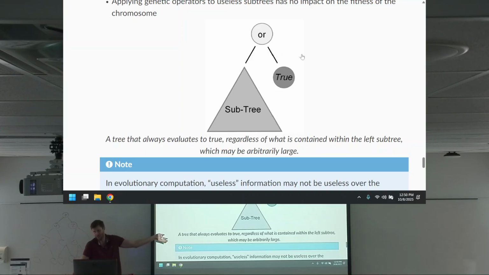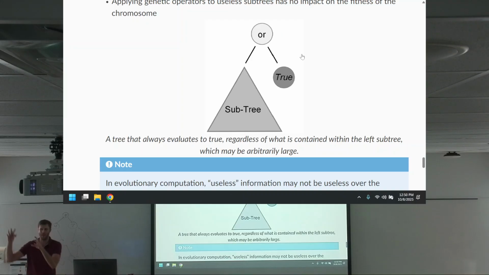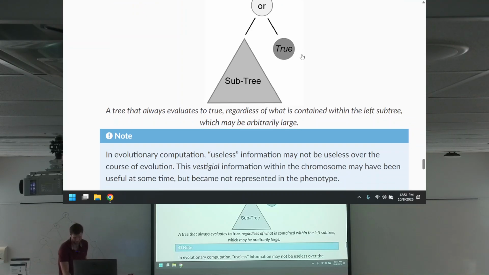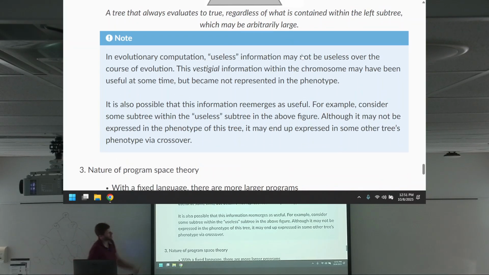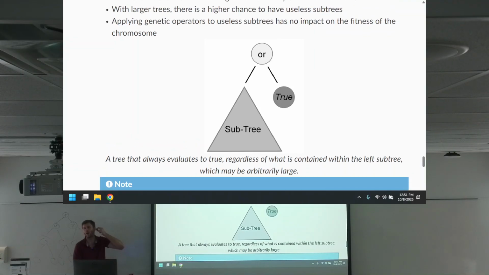It's an interesting phenomenon that effective subtrees, like that x squared, which was really important, maybe it gets thrown into this subtree and it's not expressed anymore. And then like 5,000 generations later, it comes back, right? It's pretty interesting. So when I was saying useless up here, really what I meant was it wasn't expressed in the phenotype.